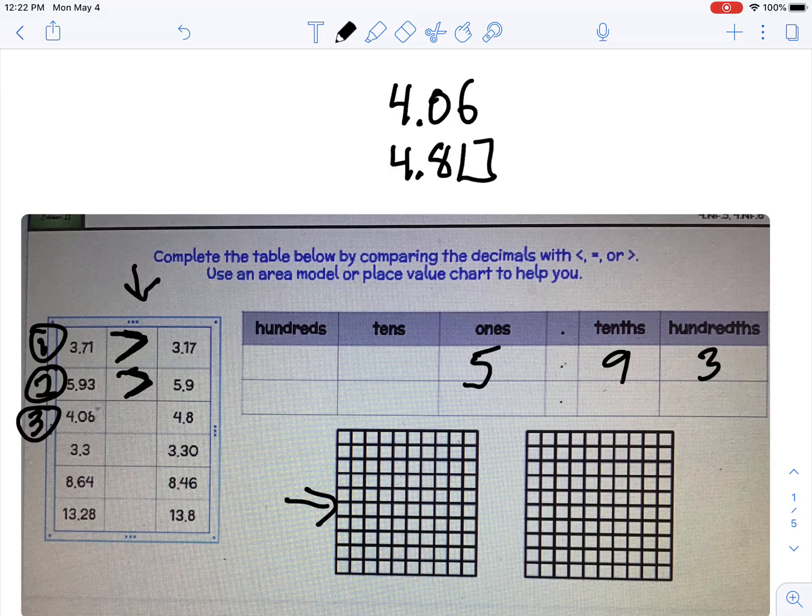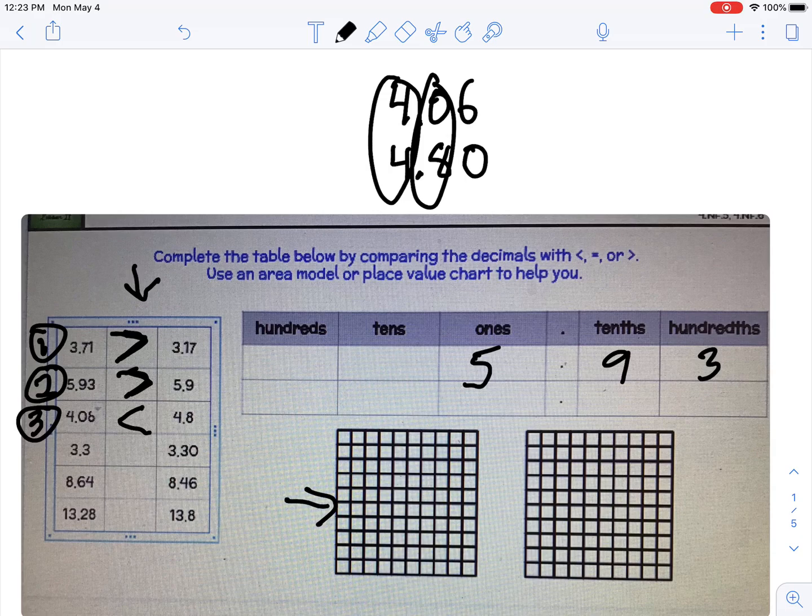But no, not necessarily. So what did I say to do when there's a blank spot here? That's right. You should add a 0. Now I can compare just like I would a whole number. Those are the same. Here, 8 is bigger than 0, so the 4 and 8/10ths is bigger than 4 and 6/100ths.